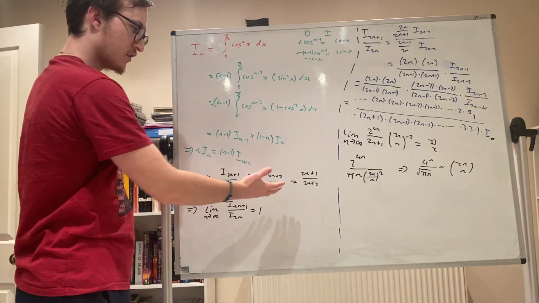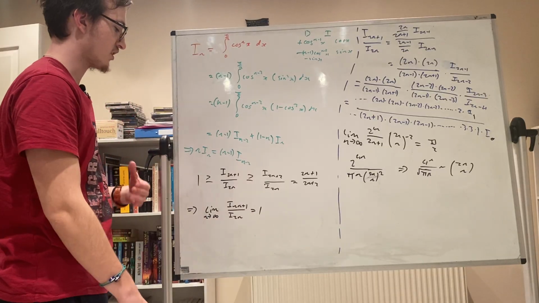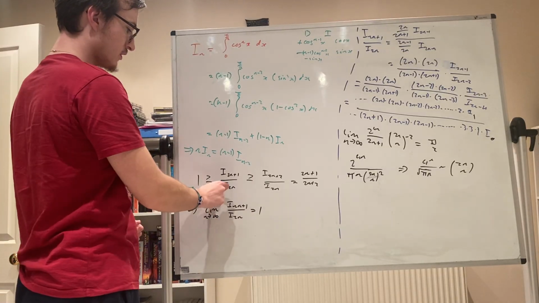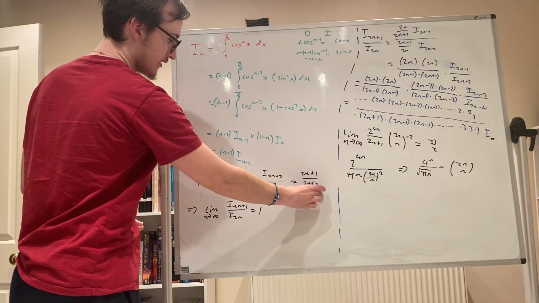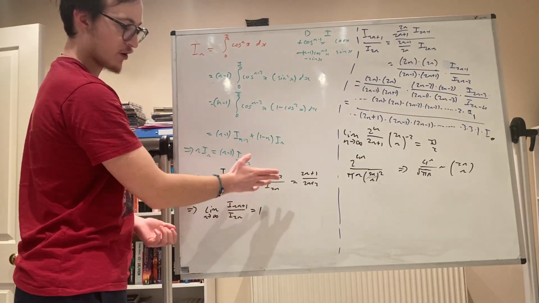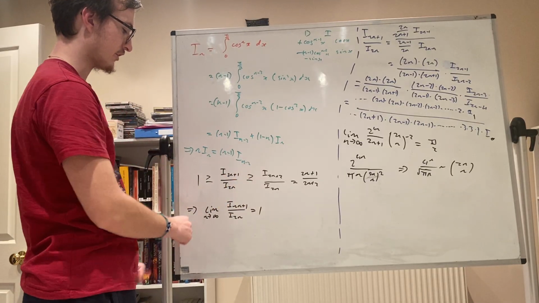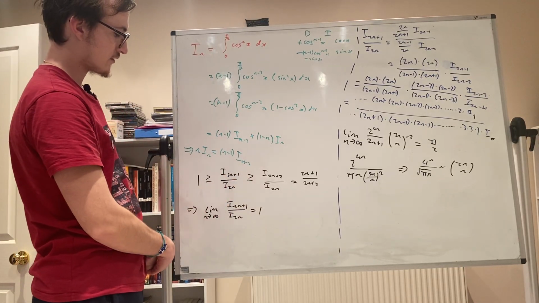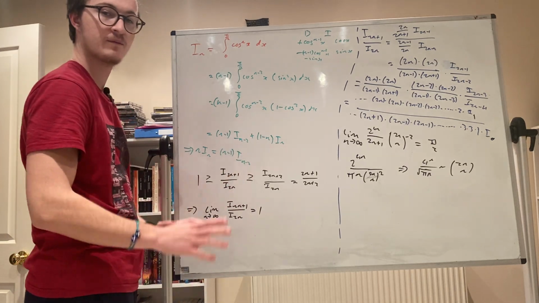Now, this clearly goes to 1 as n goes to infinity, and so by the squeeze theorem, since we're bounded above by 1 but bounded below by this fraction, and they both go to 1 in the limit, this guy must also go to 1. And so we know that as n goes to infinity, I_(2n+1) over I_(2n) goes to 1.